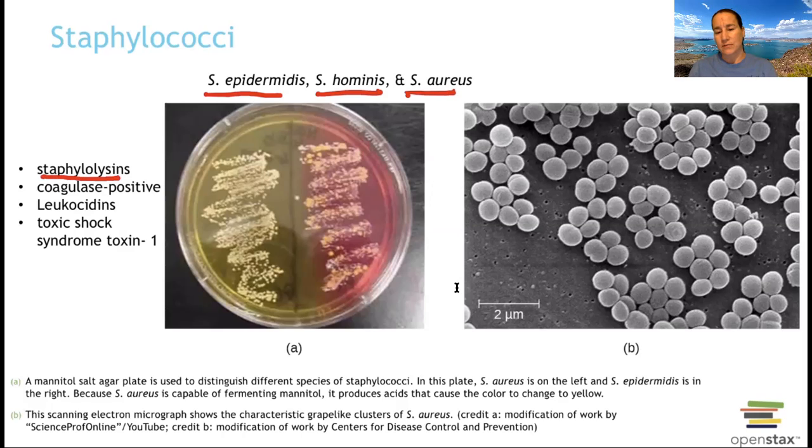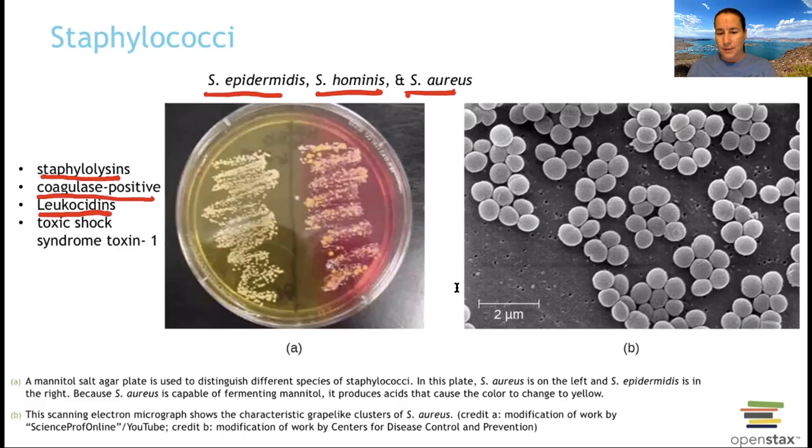So they can be cytotoxic for different cells like white blood cells, skin cells. They may be coagulase positive, so that's a differentiator when you're trying to test whether it is staph or strep. If it tests positive for coagulase, it's going to be staph. It may have leukocidins, which are specific white blood cell killers.